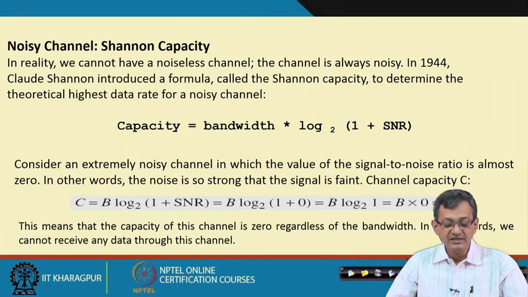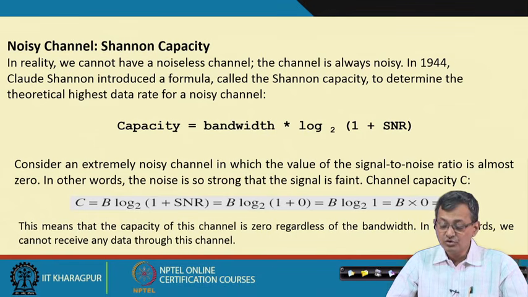Consider an extremely noisy channel in which the signal-to-noise ratio is almost 0. You may have any number of levels, but the noise is so high that the SNR value is nearing 0.